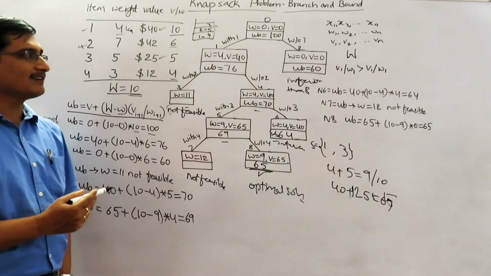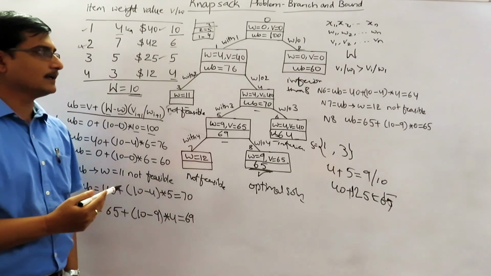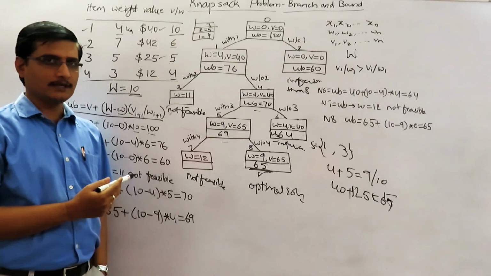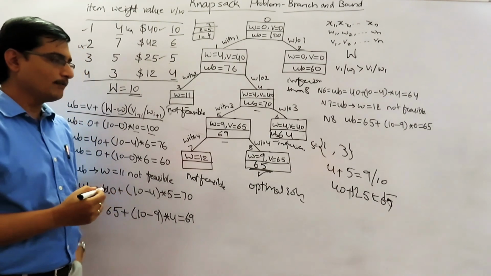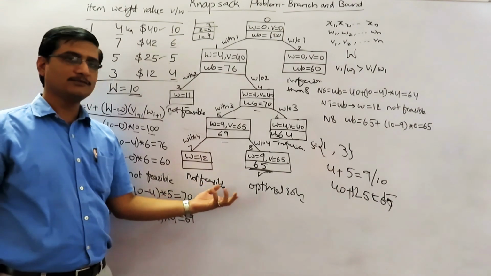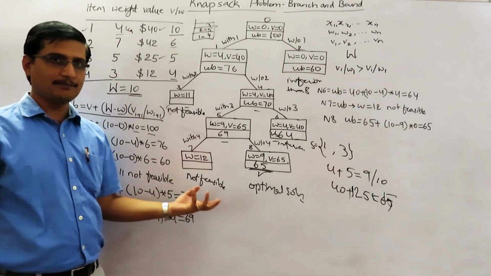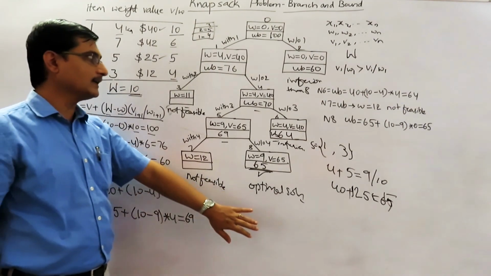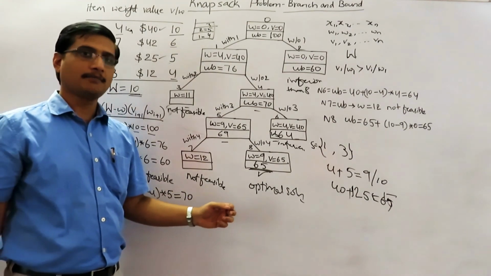So you can think of it as just a method of theoretical importance. We can think of solving this problem using dynamic programming, or if fractions of the objects can be considered, then we can think of the greedy method. It is just of theoretical importance. This is how we can solve the knapsack problem using branch and bound.